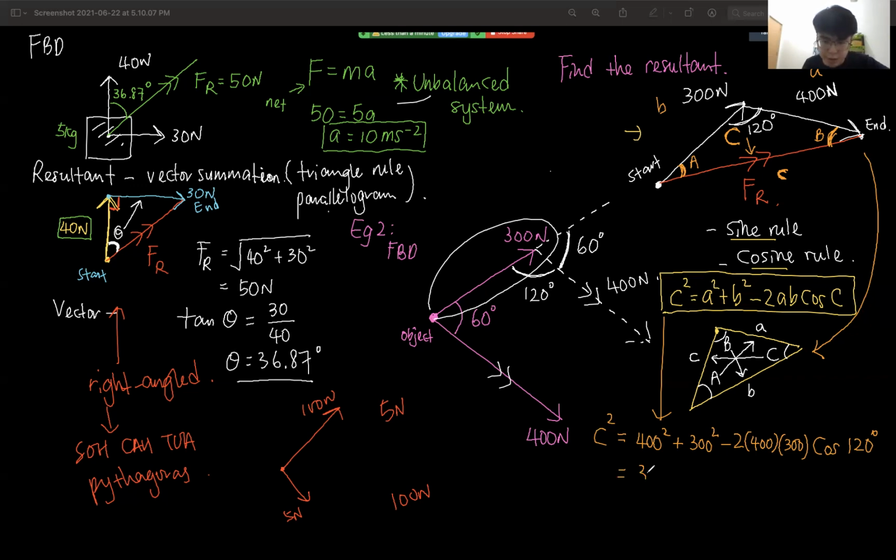This is 370,000. Be careful, there's a negative here. Okay, you should get this, 370,000. That is c square.